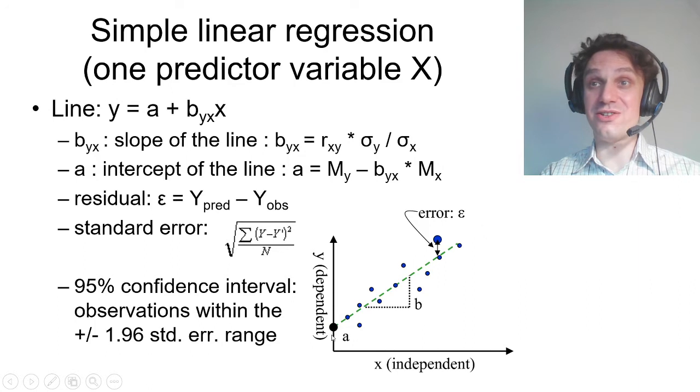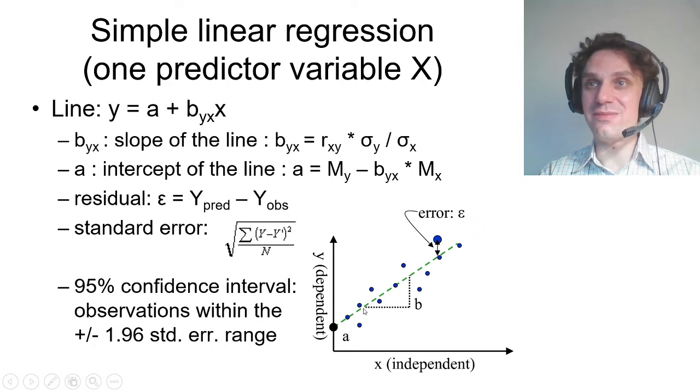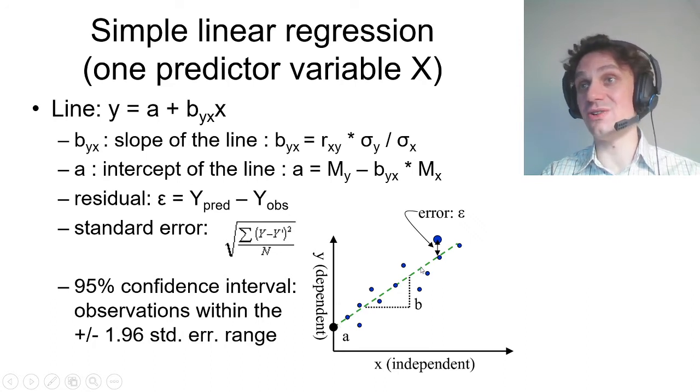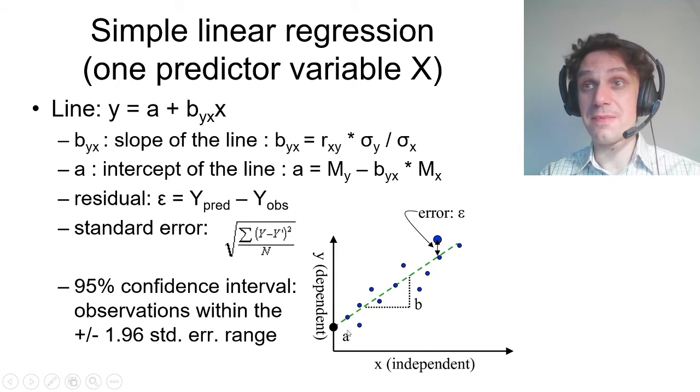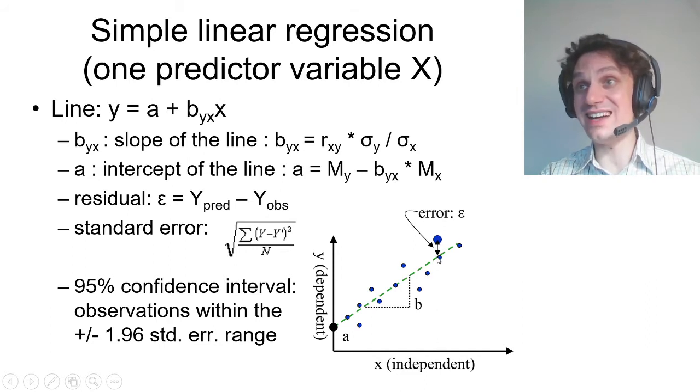When we try to develop this prediction, we try to find a linear function that best describes this whole bunch of points. So for each individual point, we have an expected value, which is basically this position on this line which corresponds to the value of this point on x.